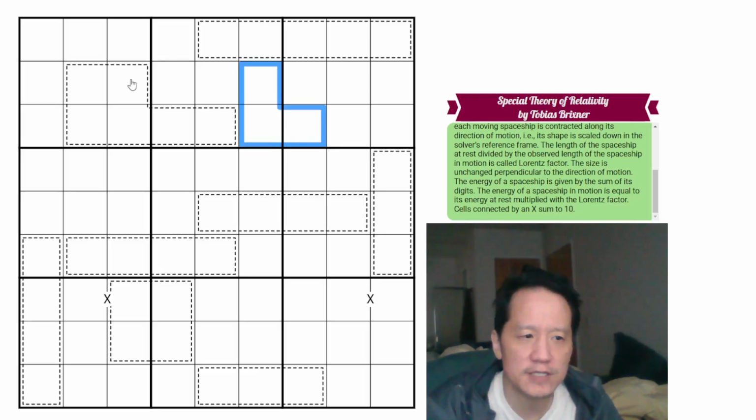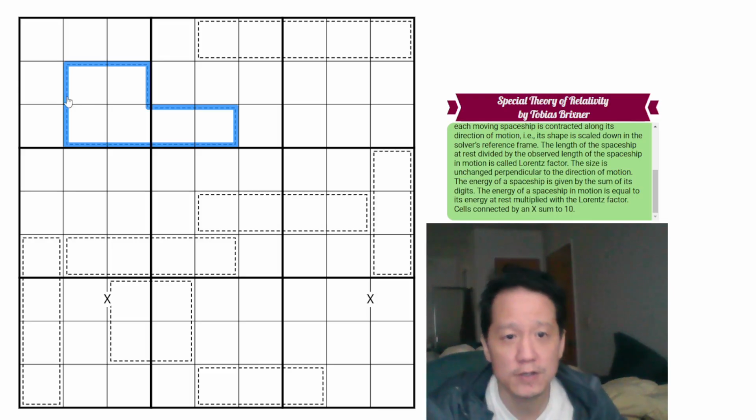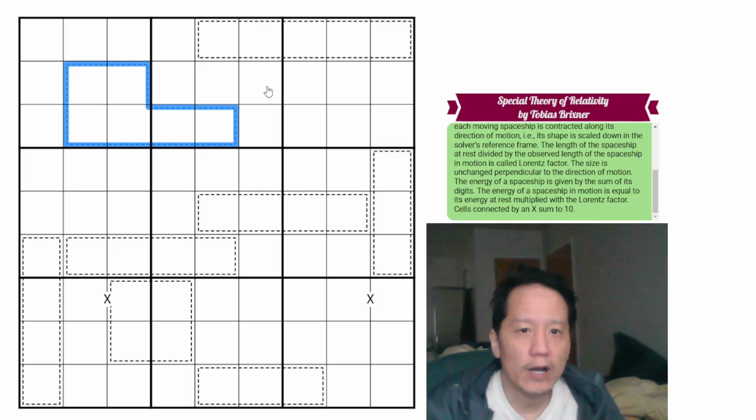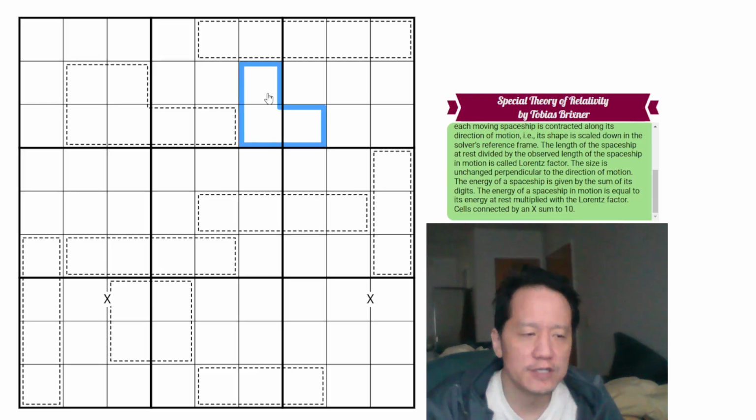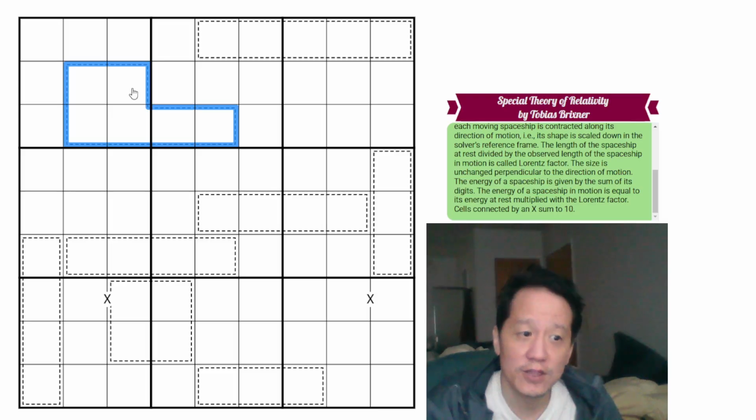The energy of this must sum up to what this is times 2. Well, the most this could be is 26, because it could be 9, 9 with 8. The least this could be is 13.